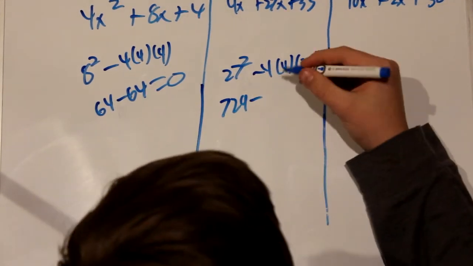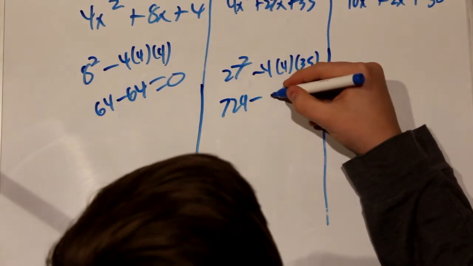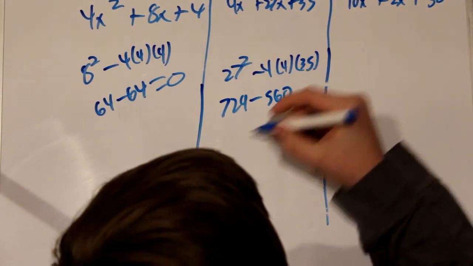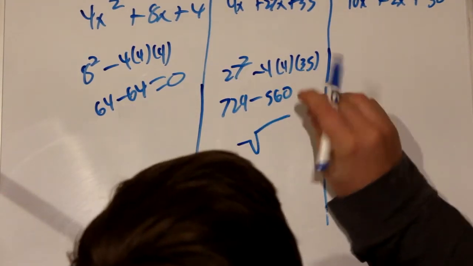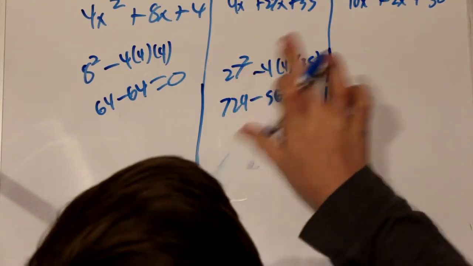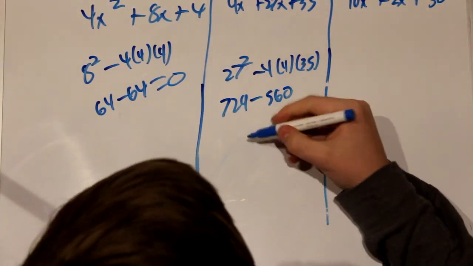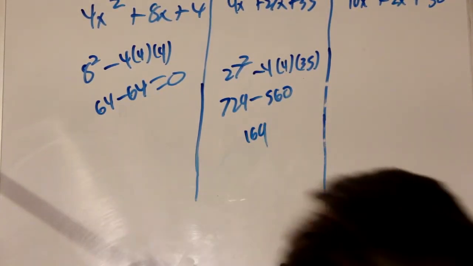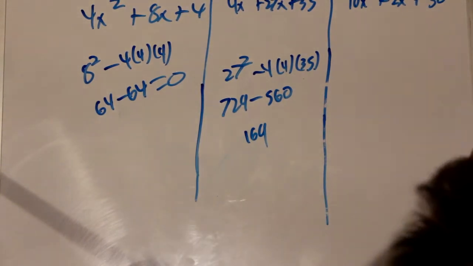Minus, because there's no other subtraction, minus 560 comes out to a positive 169. 169, and we know from our problem that that has 2 solutions.